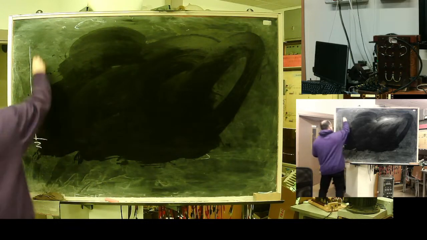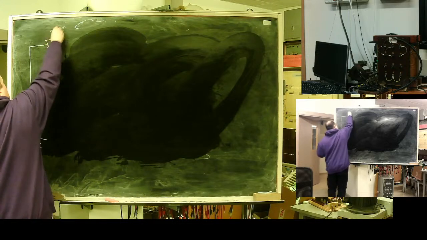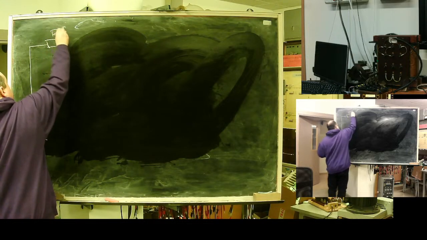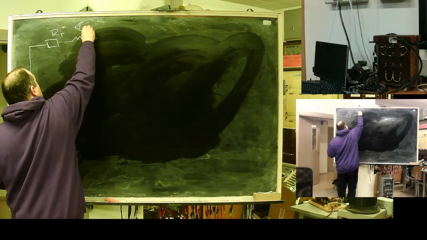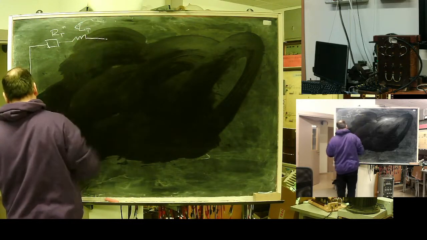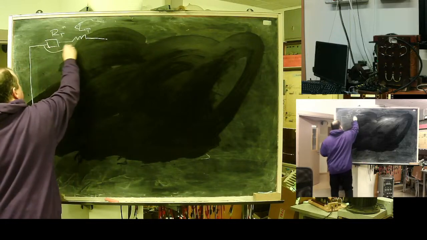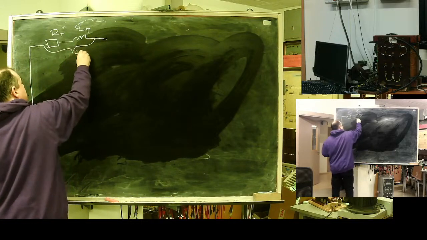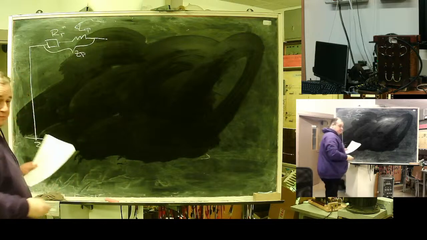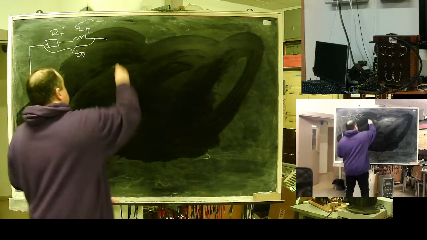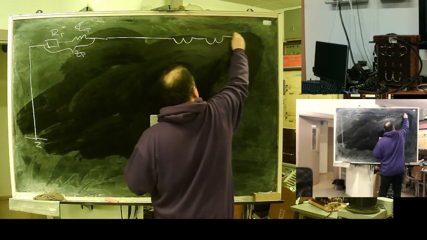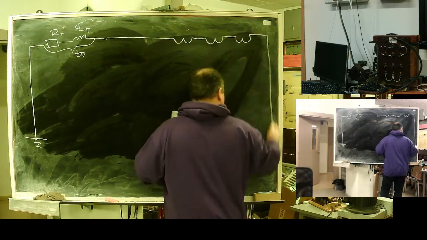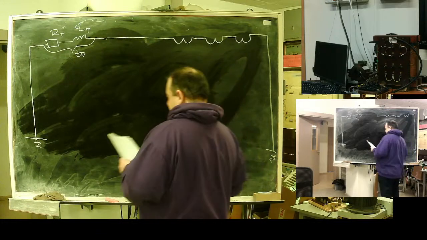Ground here, the active resistance of the protective wire, its self-inductance. This one is self. And phases 1, 2, 3, ground.